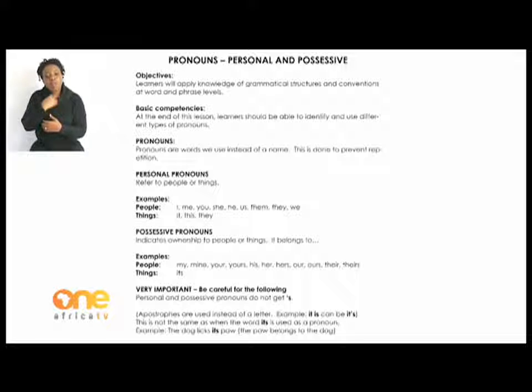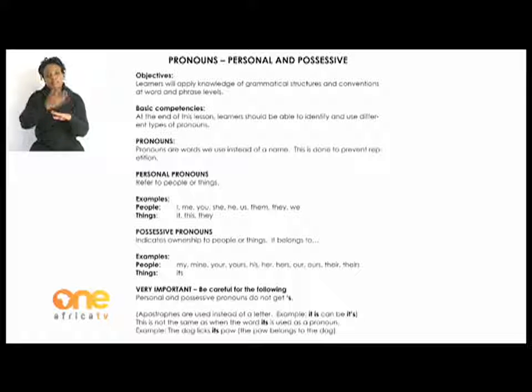Now, we are going to look at the different types of pronouns that we have. We have a personal pronoun and a possessive pronoun. When we talk about personal pronouns, we are simply referring to people or things, okay? We use a pronoun to replace a noun.